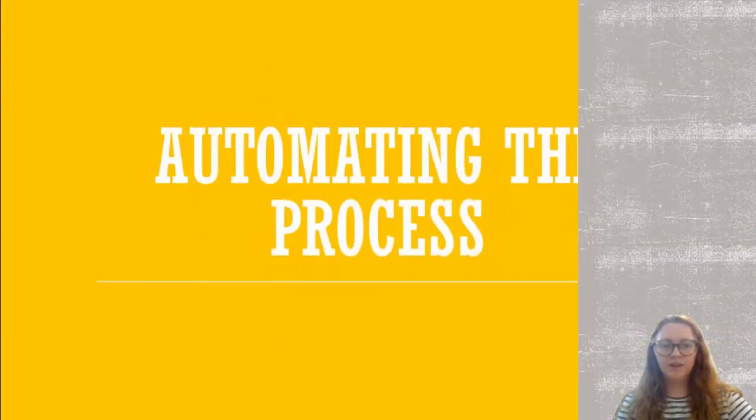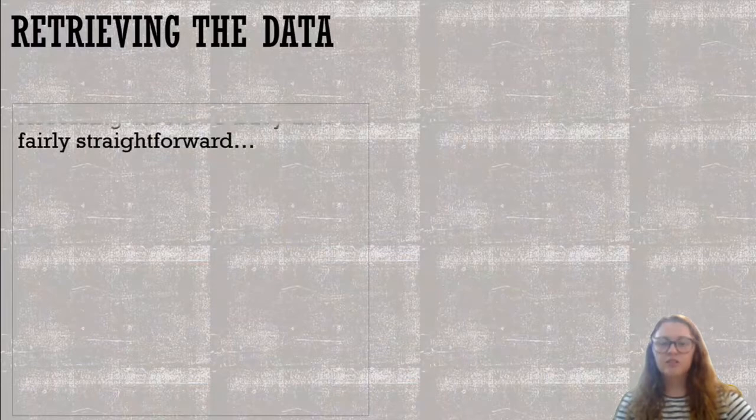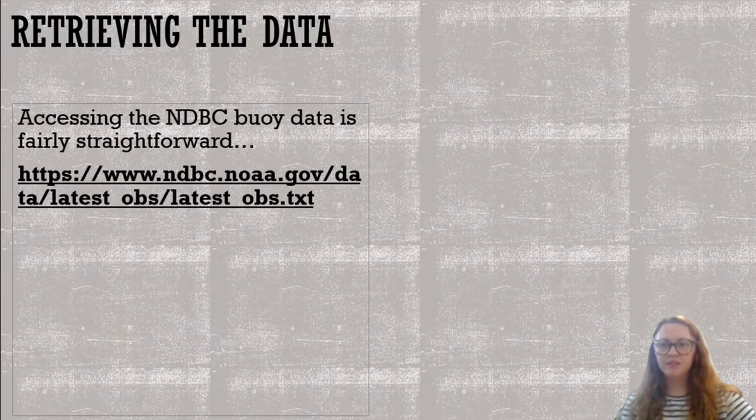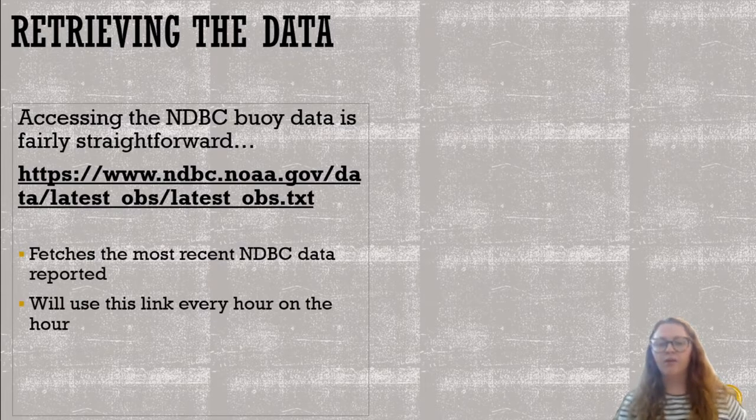So automating the process begins with retrieving the data. Accessing the buoy data is pretty straightforward. They have a latest observation link, and this can be accessed every hour on the hour, and it actually fetches the most recent NDBC data that is reported for active buoys.